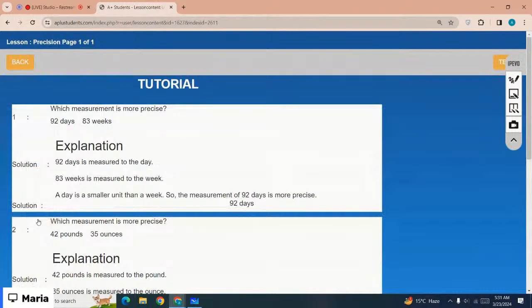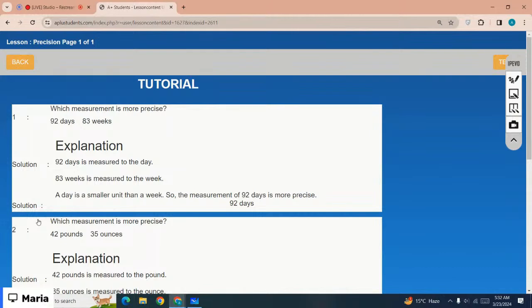Which measurement is more precise, 92 days or 83 weeks? So basically, precise values are the ones with the smaller unit, right? We are given 92 days and 83 weeks, right?